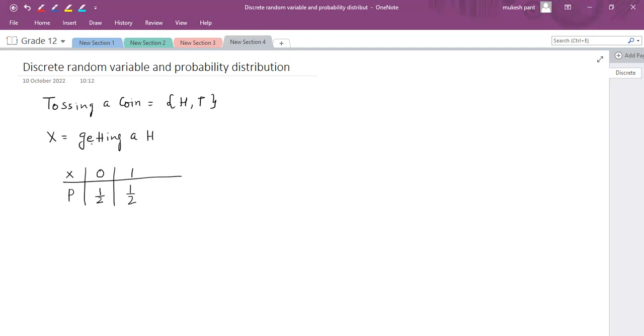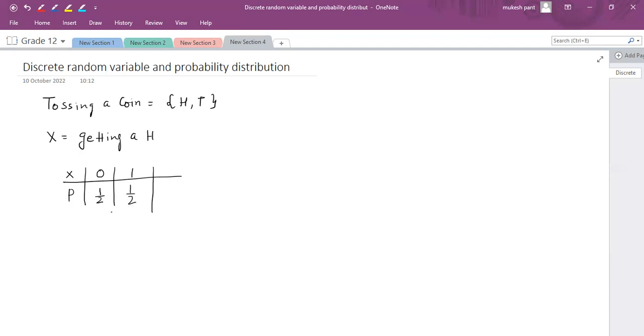So now I think you have understood the discrete random variable and how to find its probability. I would like to tell you one very important thing. Sometimes we have a question with a probability distribution table, and we need to check whether it is a correct probability distribution of a discrete random variable.